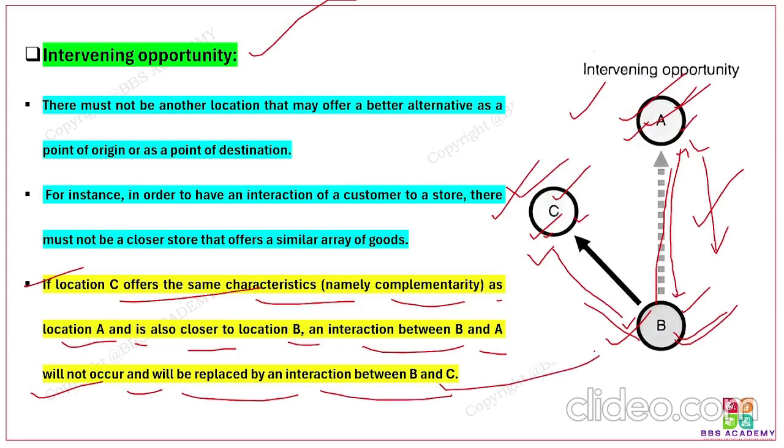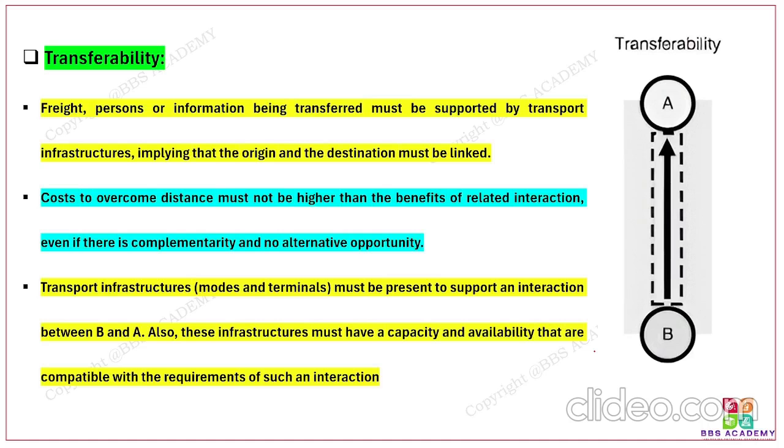The next concept is transferability. Transferability refers to the mobility of a commodity. In this concept, origin and destination places must be linked, and the transported material or item must be supported by transport infrastructure.